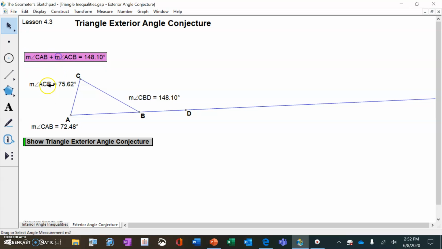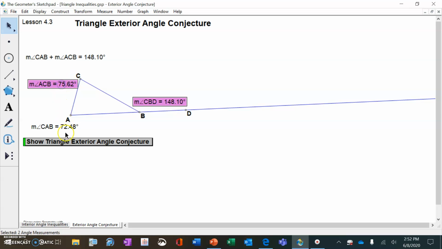Those two angles are remote interior angles. If this is the exterior angle, this is the interior angle adjacent to it, but these are the remote ones, far away from this exterior angle, yet still inside the triangle.